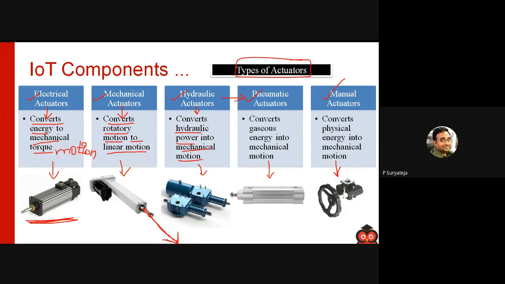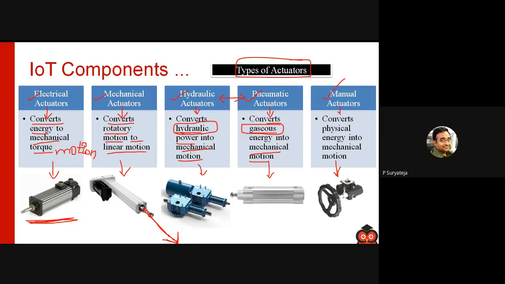And these two are almost the same. The only difference is the input. In hydraulic actuators, the input is hydraulic power, that is generated by fluid, liquid. But here the input is gaseous energy. Okay, gas energy. But the output is a mechanical motion.